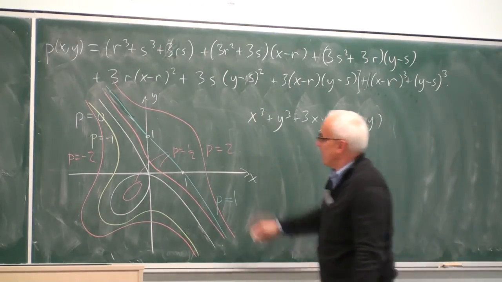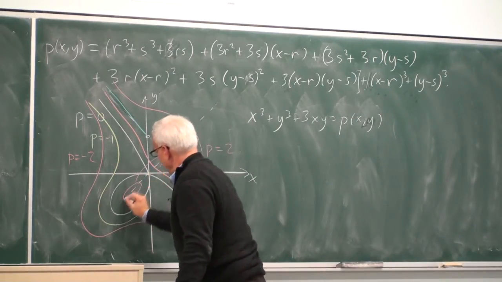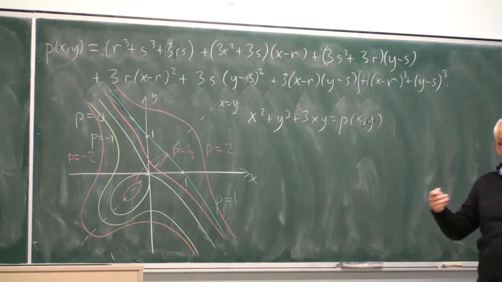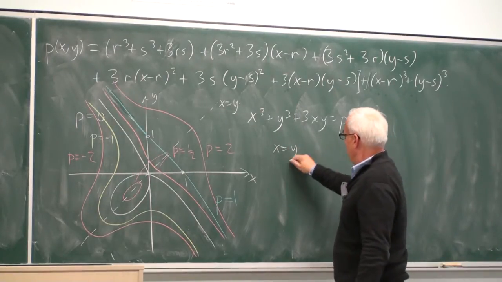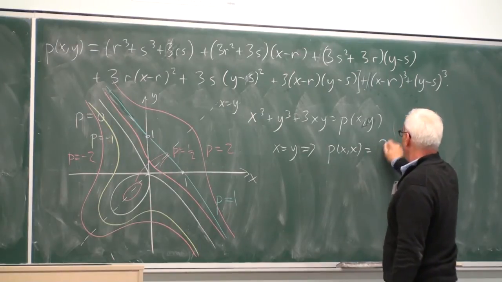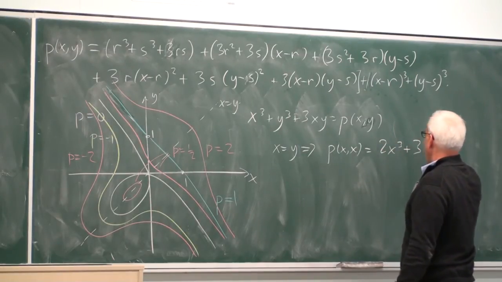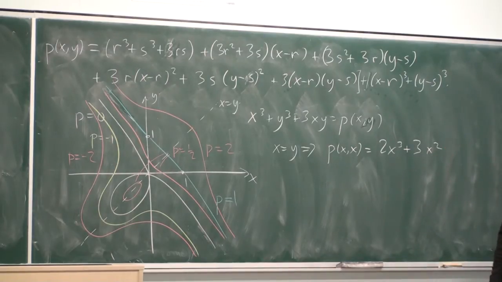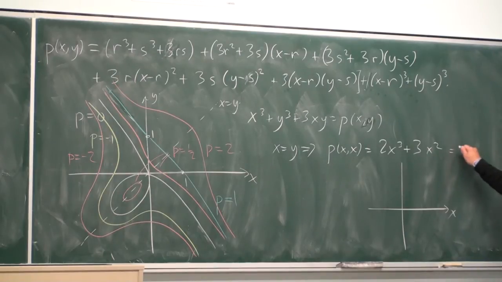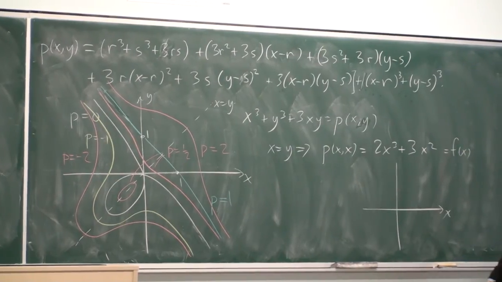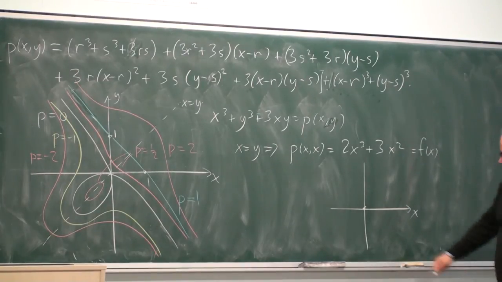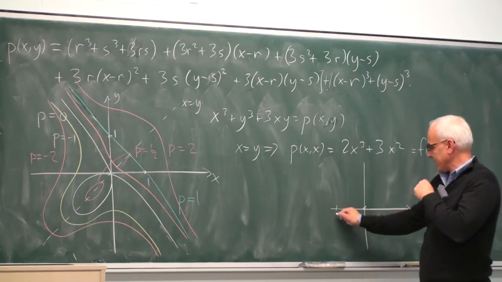We can see a little bit more by looking at this axis of symmetry. If we restrict ourselves to the line x equals y, then we get p of x, x equals 2x cubed plus 3x squared. If you think of that as an ordinary function of x, it has a double 0 at 0. It has a 0 at minus 3 halves.